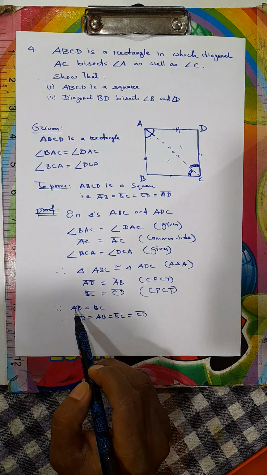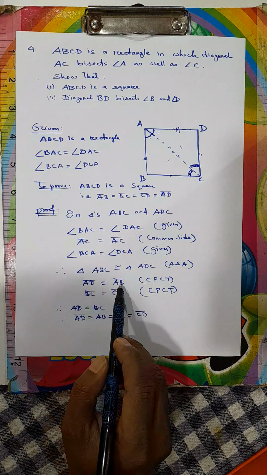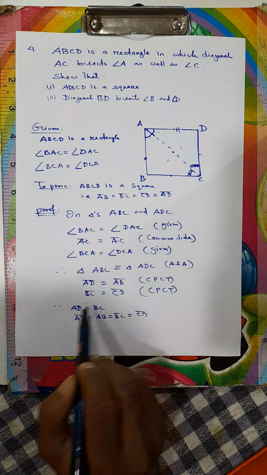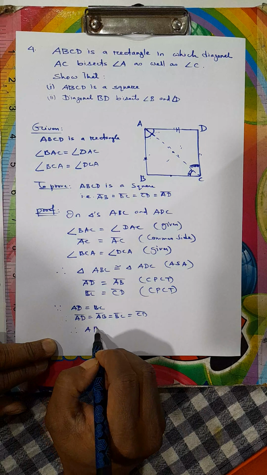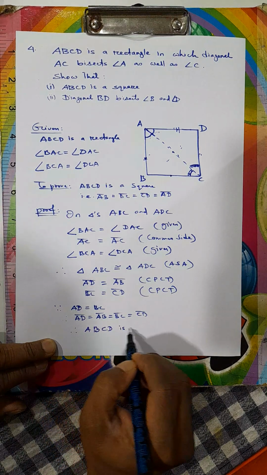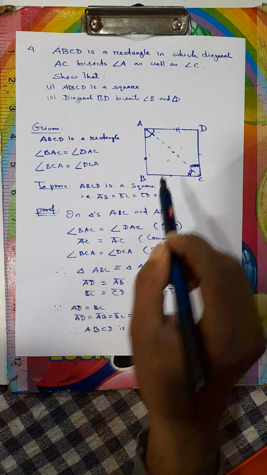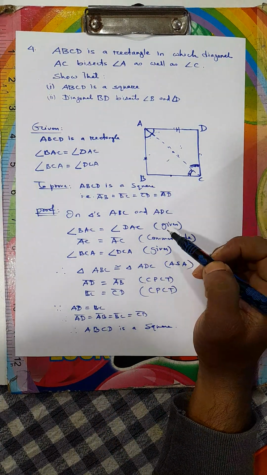Since AD equal to BC, therefore AD equal to AB means AD equal to AB equal to BC. Again, BC equal to CD, that means all sides are equal. Therefore, ABCD is a square. Since in this rectangle we prove that all sides are equal, so it is a square.